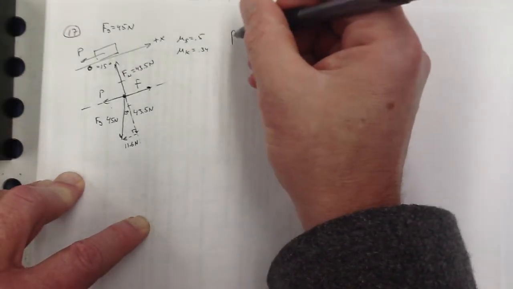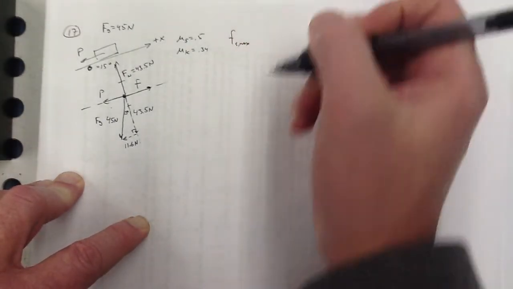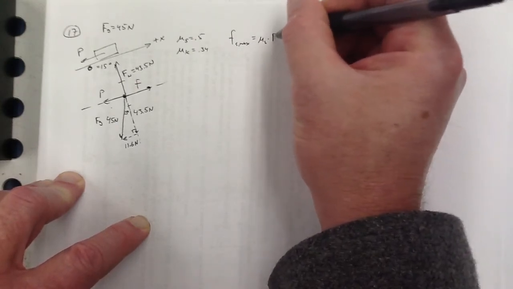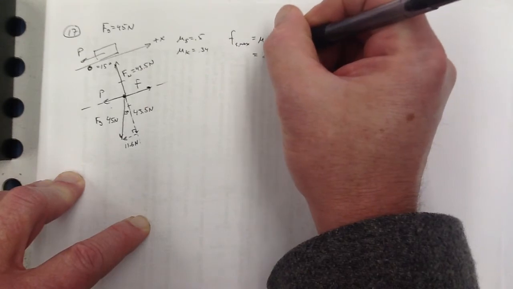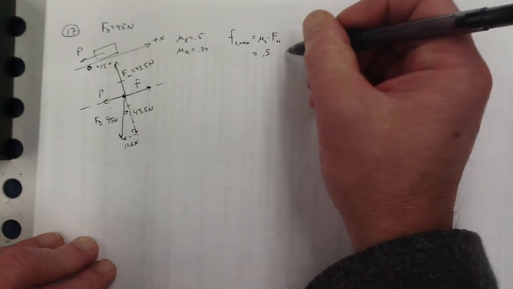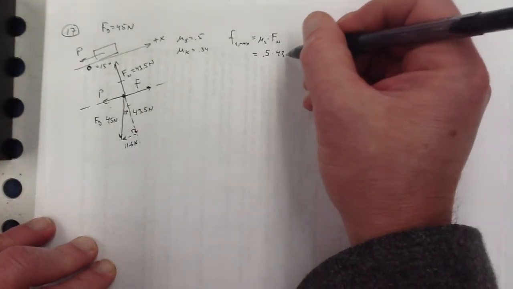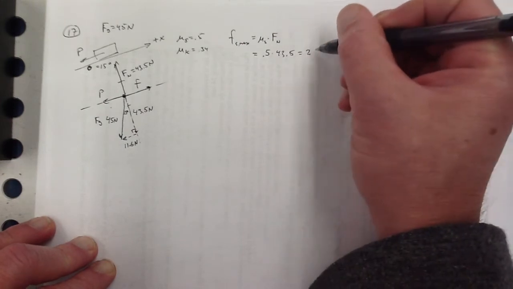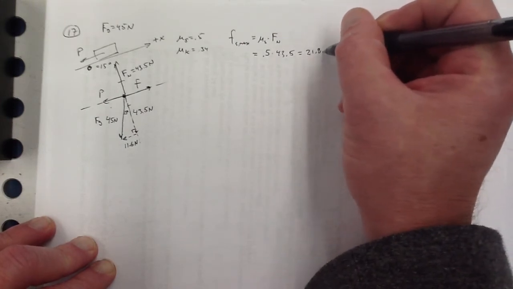But I can figure out what is the maximum static friction. So 0.5 times 43.5. The maximum amount of static friction available is about 21.8 newtons.